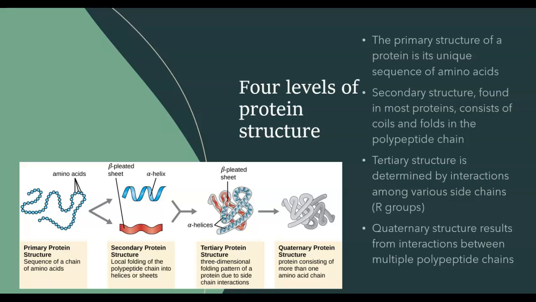In other words, those R groups are going to interact with each other. Maybe they'll be attracted to each other, maybe they'll be repelled by each other. Some are hydrophobic, some are hydrophilic, and the hydrophobic ones will have a tendency to be folded to the inside. The hydrophilic ones will be on the outside. And then finally, the quaternary structure, for those that require multiple polypeptide chains, would be the final stage in the structure of the protein.